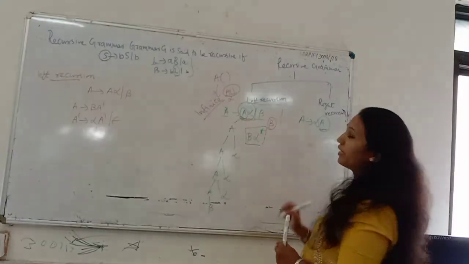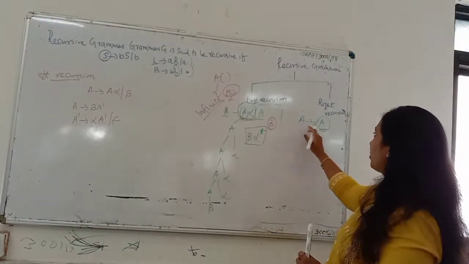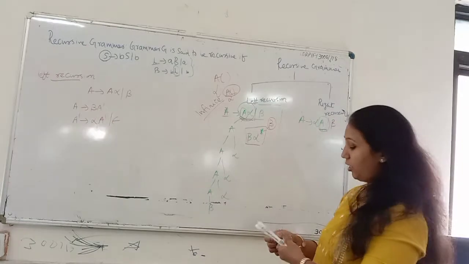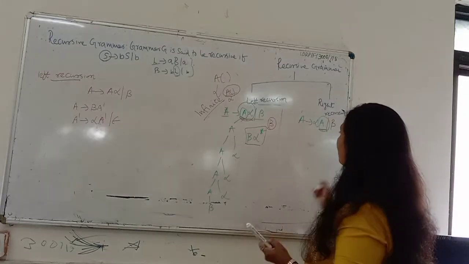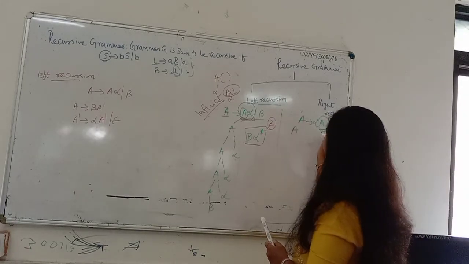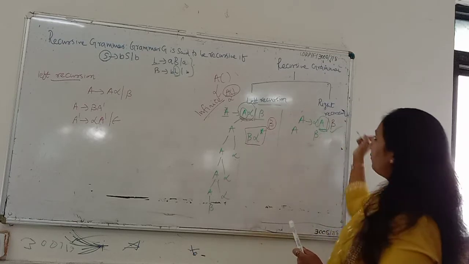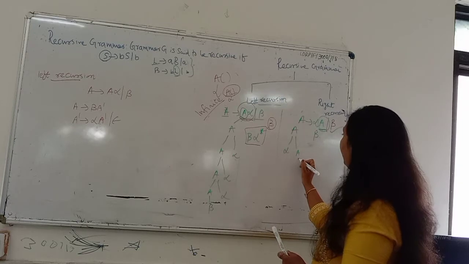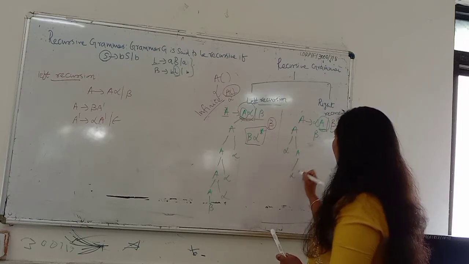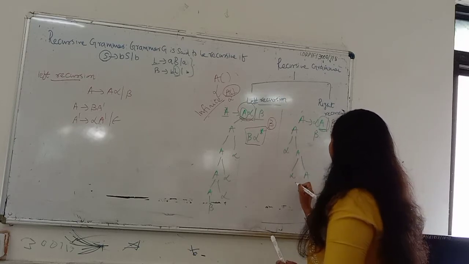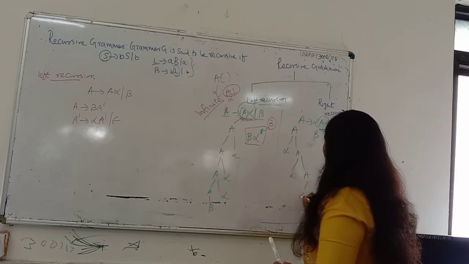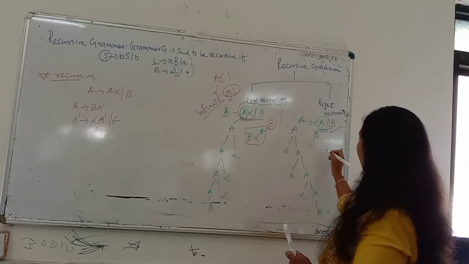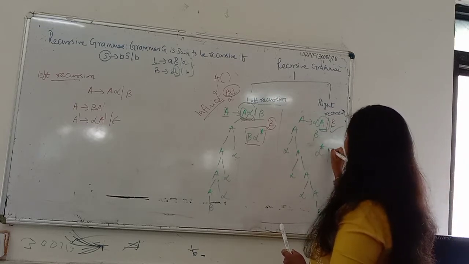Clear? In case of right recursion, if there is a production A to alpha A or beta, the string possibly generated from this grammar is either only beta, or alpha and A. Again A has options: alpha and A, again A to alpha A, and finally if we select A to beta, then the string would be alpha star beta.